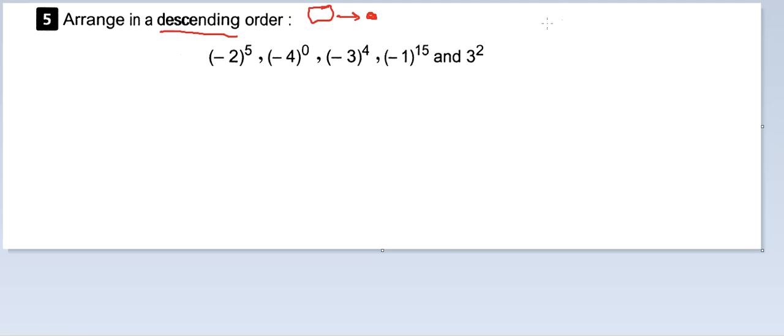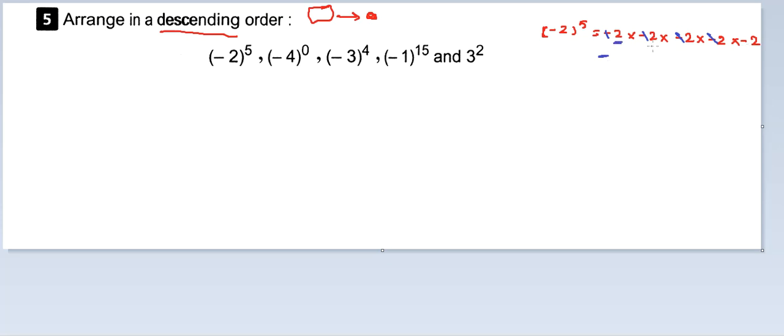Here we have negative 2 to power 5, meaning negative 2 times negative 2 times negative 2 times negative 2 times negative 2. Cancel each two negatives together, but here we have a remainder of only one, so the remainder equals negative.